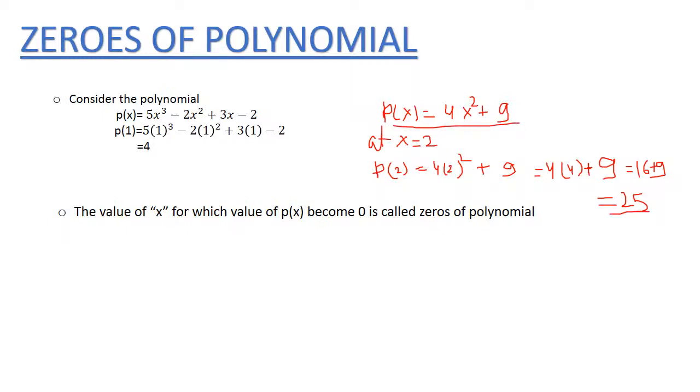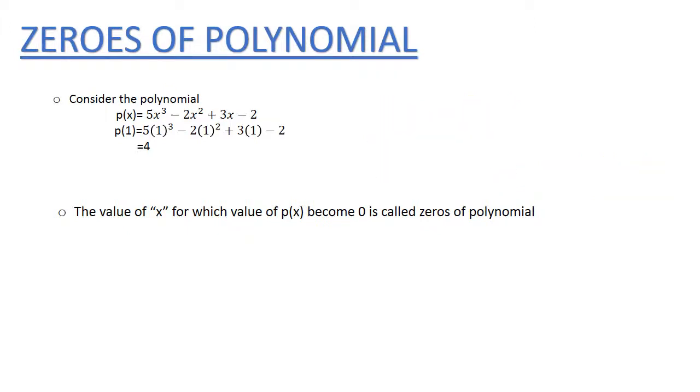So our next topic is zeros of polynomials. The value of x for which the value of P(x) becomes 0 is called a zero of the polynomial. Let's say we have an example, x square minus 1. We have to find for which value of x this polynomial becomes 0.